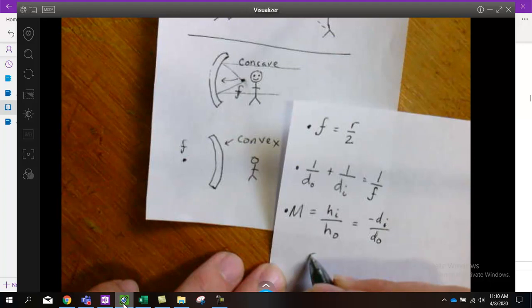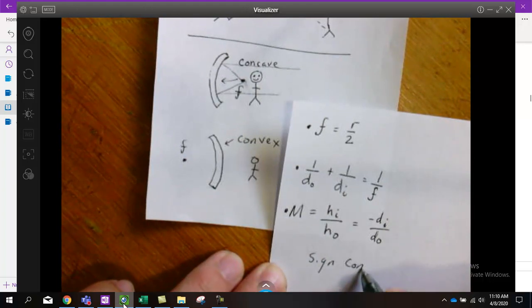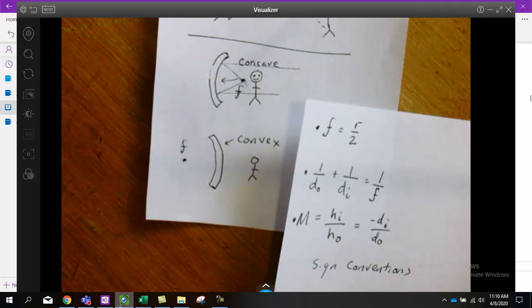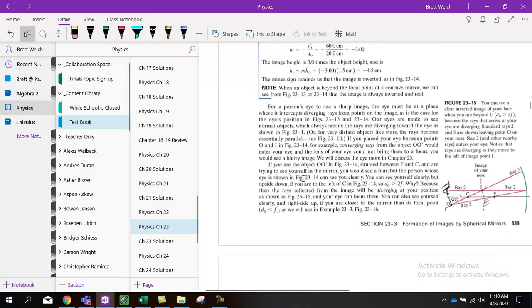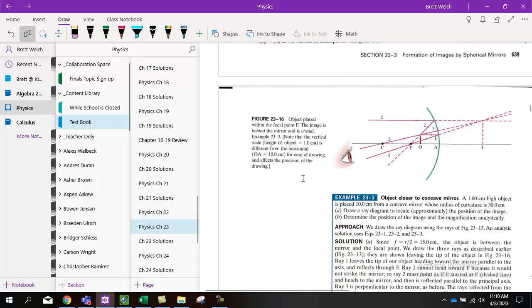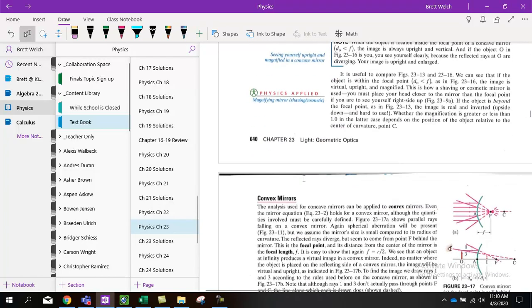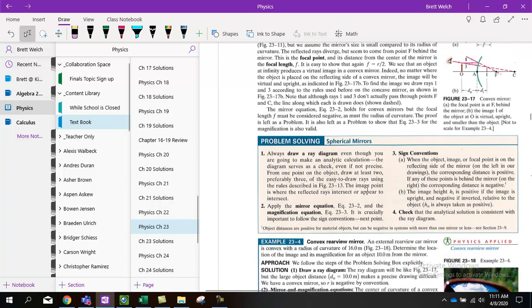But there are some sign conventions that we need to talk about. So for sign conventions, if we keep coming down, here we go. All right, so our sign conventions.